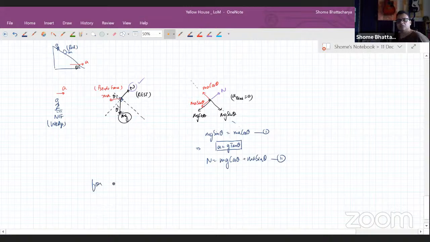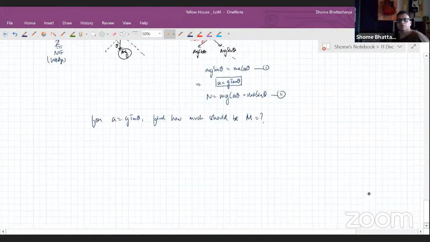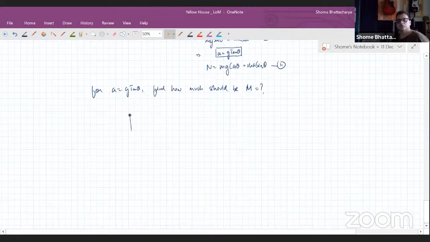Now for A to be g tan theta, we need to find out how much should be the mass of that other thing which was hanging vertically. Okay, so we need to find that out. So for that, what we'll do is now this block plus wedge. So wedge of mass m prime, block of mass small m.